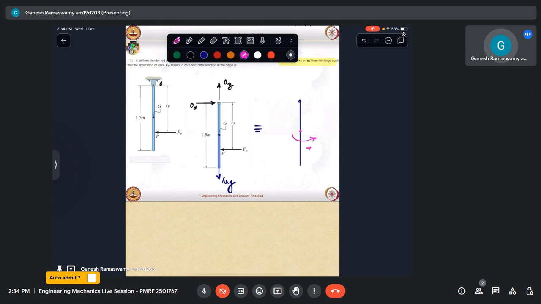Let us say this is Ig alpha, and then the mass point has this acceleration m ag x. Let us define this as x, this as y.